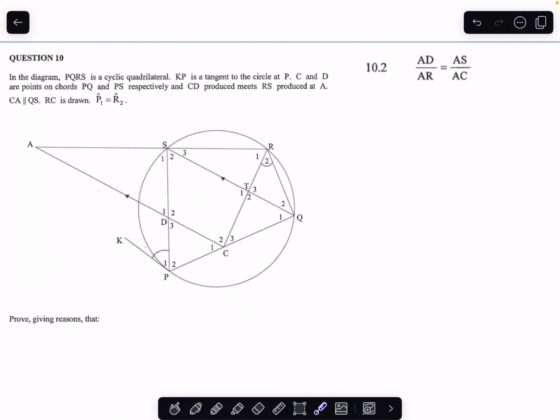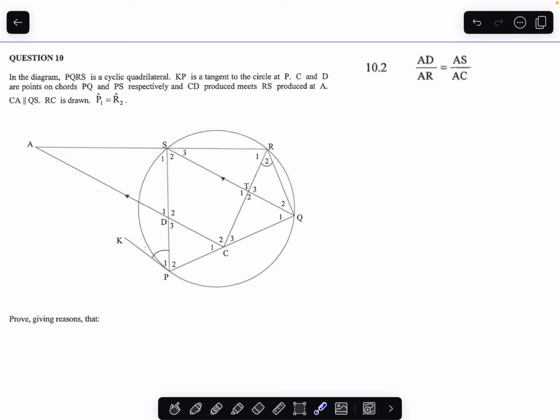Okay, so I mean, AD over AR is equal to AS over AC. It was smelling like similar triangles, but there's a switcheroo here, because it would be similar triangles if they were saying AS over AR is equal to AD over AC. So a bit of a no to that.